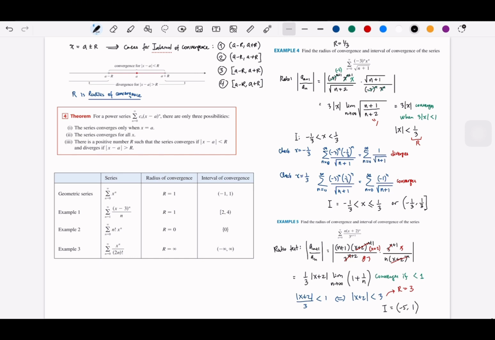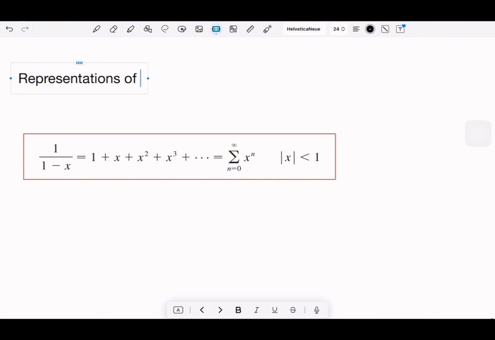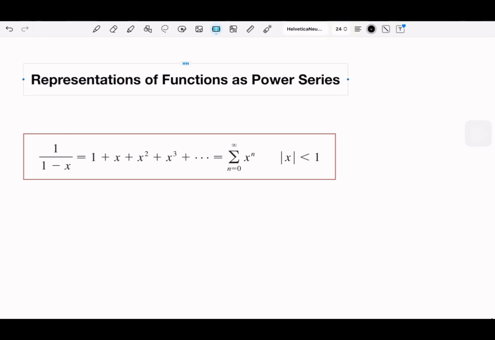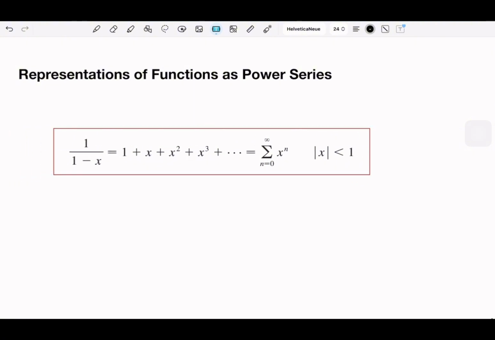After the power series, the next part will be how to represent a series as a function. Suppose that we have the function 1 over 1 minus x.